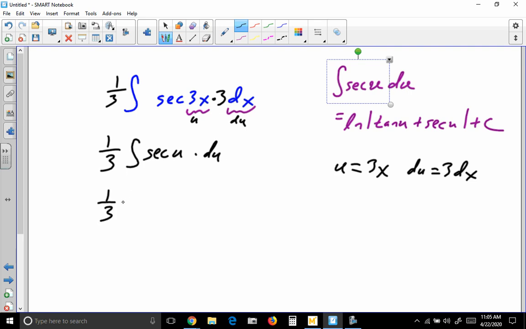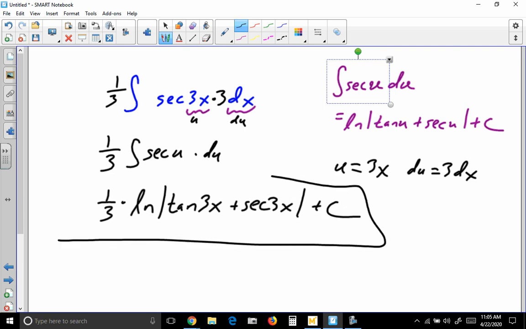So that integrates into 1/3 natural log absolute value tangent u, which u is 3x, plus secant u plus c. So we just have to make it fit the formula. Whatever this is, that's u, because we're integrating secant of something. So that's u. That has to be du. So if it doesn't match du at the beginning, make it match if we're missing just a coefficient.